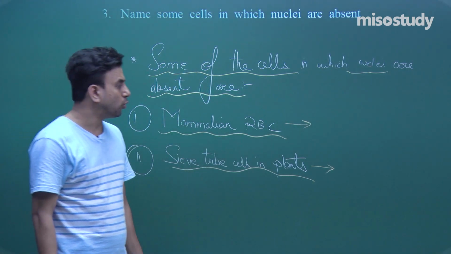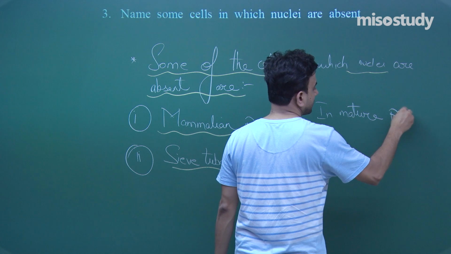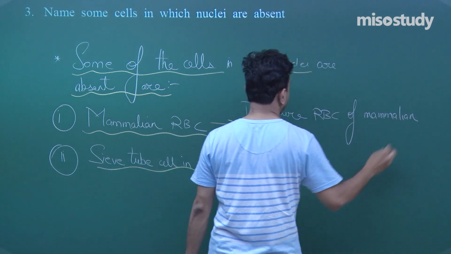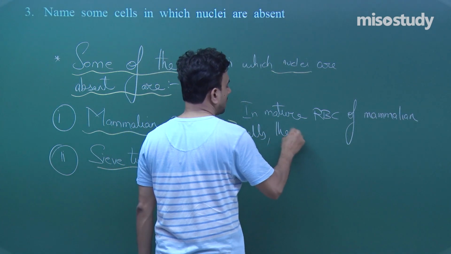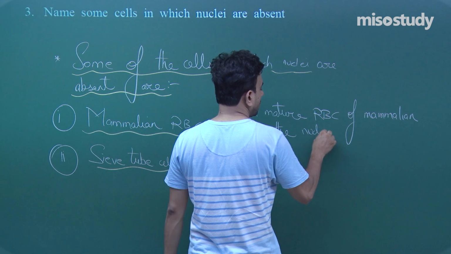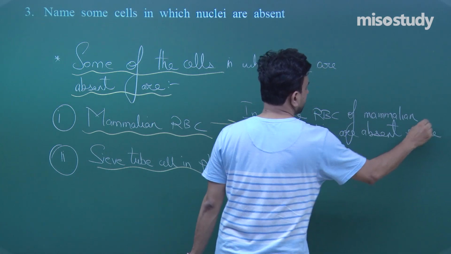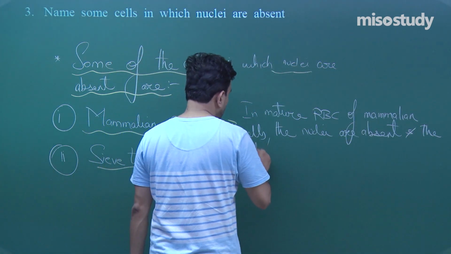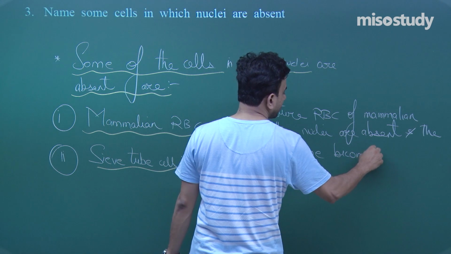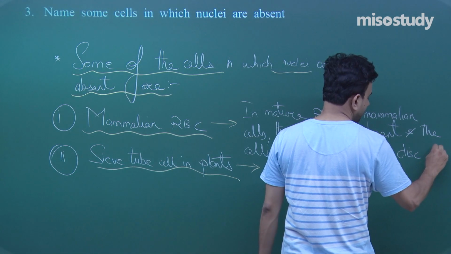The mammalian RBC, we know that in a mature RBC of mammalian cells, right, the nucleus is absent, and the cells become biconcave disc shaped.